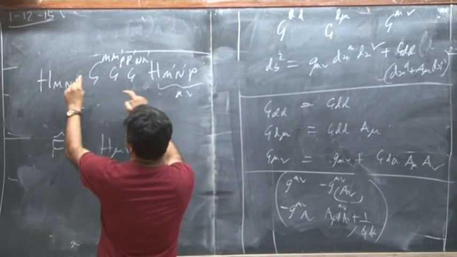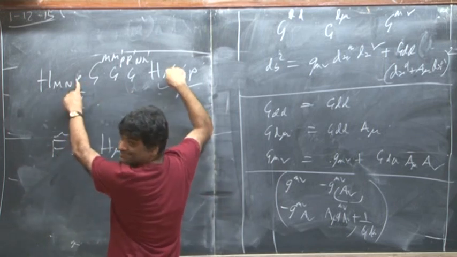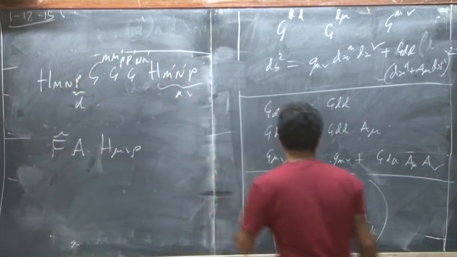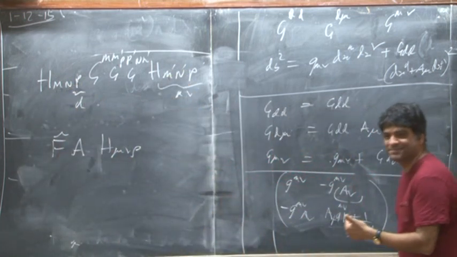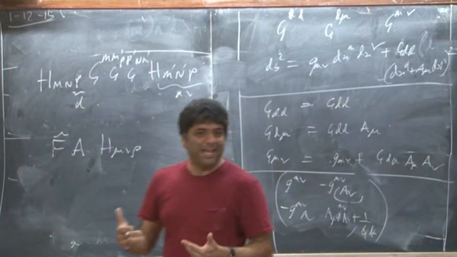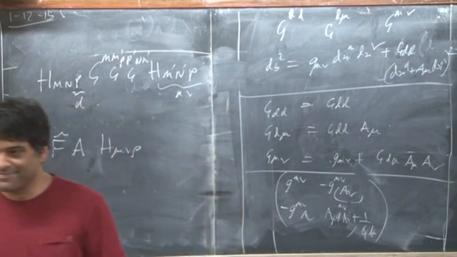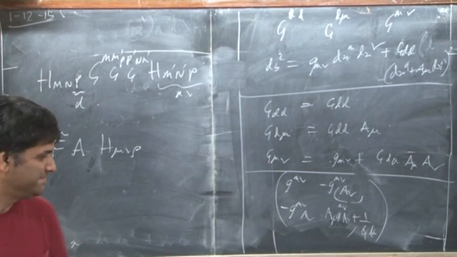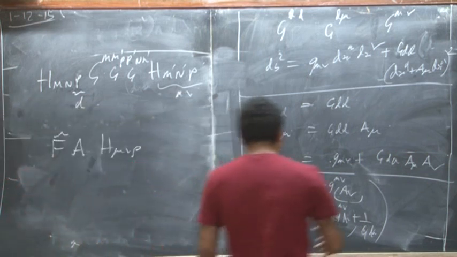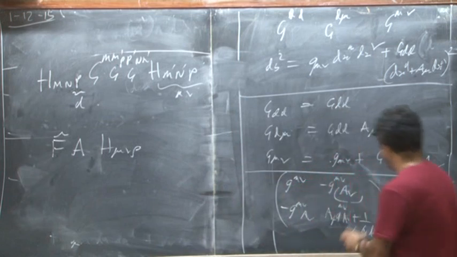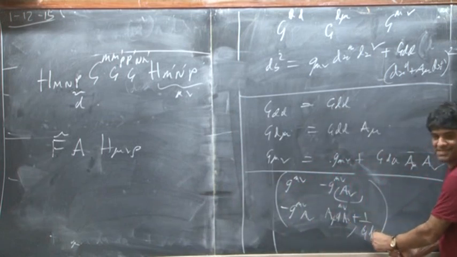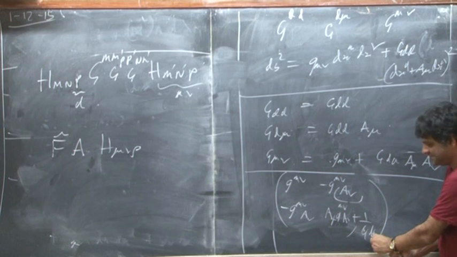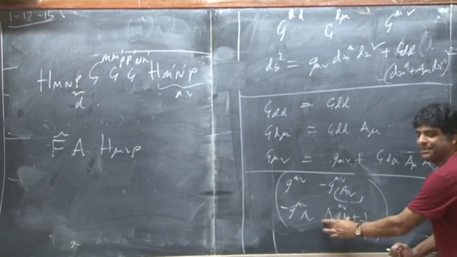Either you could use the D index contracted with the D index, in which case you'd get field strength square, plus some A stuff.